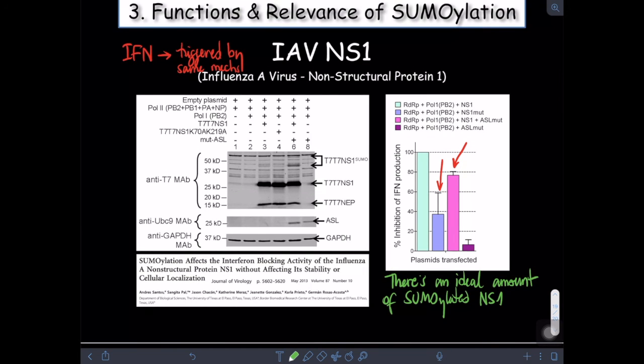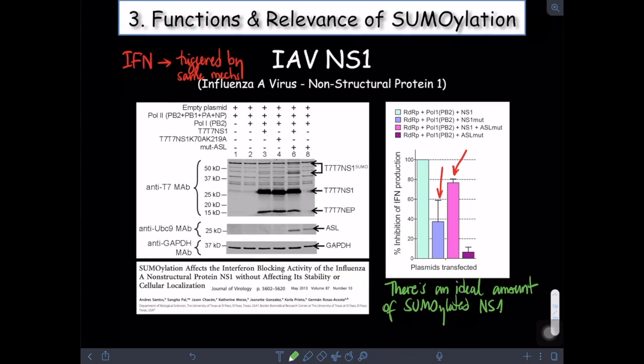One important conclusion associated to this idea is that SUMOylation is then the type of ideal cellular process that could be targeted for the development of innovative therapeutic treatments against influenza virus infection.